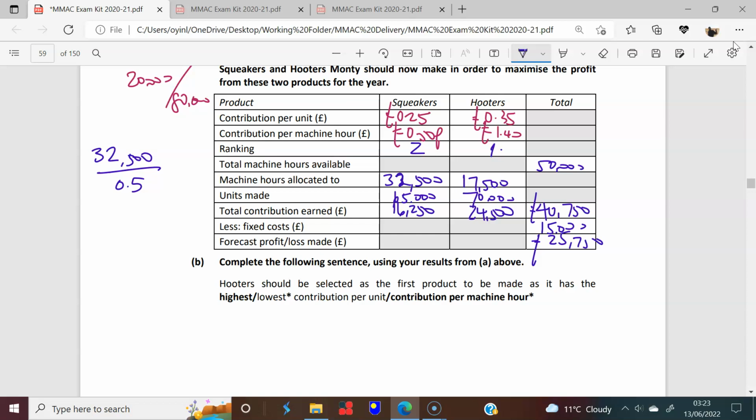So we're really just confirming. Hooters should be the product made first, as it has the higher contribution per unit, and it also has the higher contribution per machine hour.